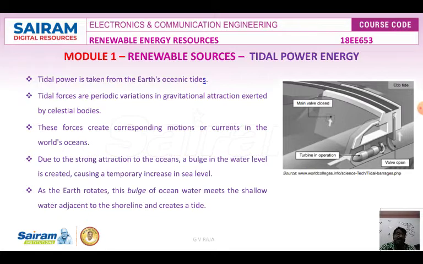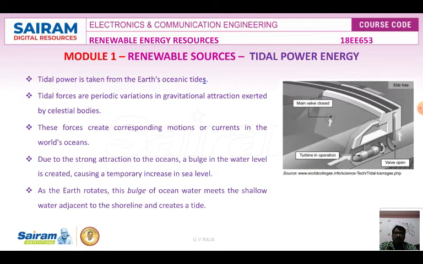There are various types of tides. Whenever the interaction between the celestial bodies happens, the tides will come with a large height, like a tsunami. Sometimes flood water also will come.